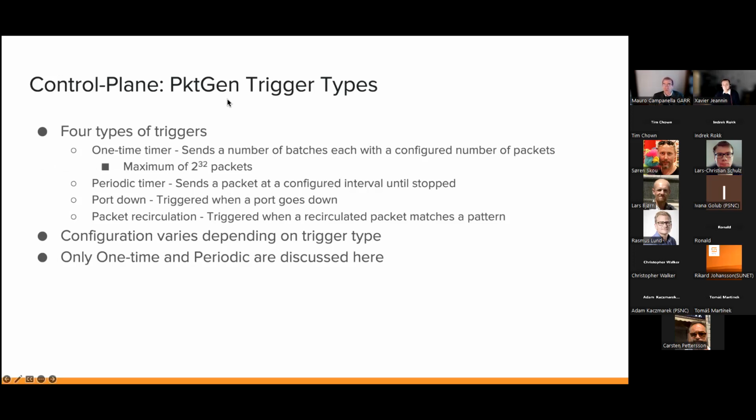Then, of course, you can decide on parameters for how to switch on this app and what the app should do. You can decide on a one-time timer that says send 1,000 packets. You can periodically repeat the packets. You can decide to trigger this event in case of a port down or packet recirculation.